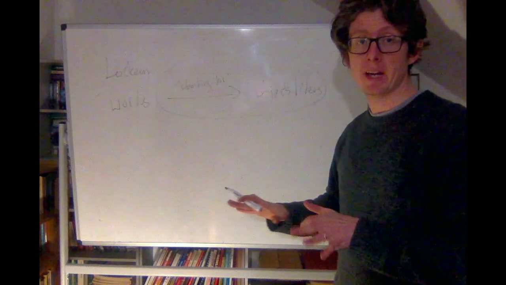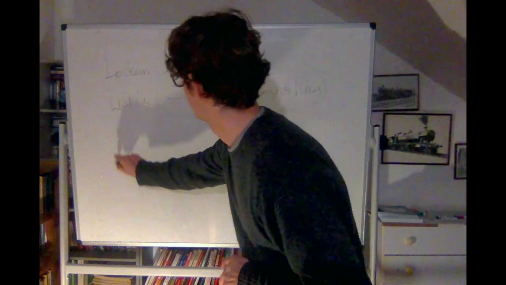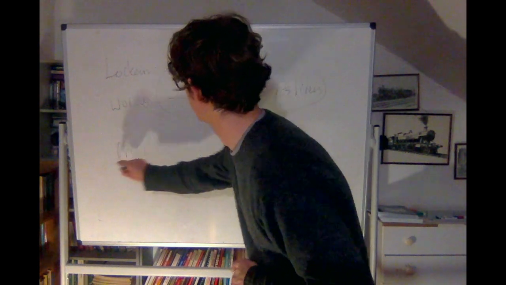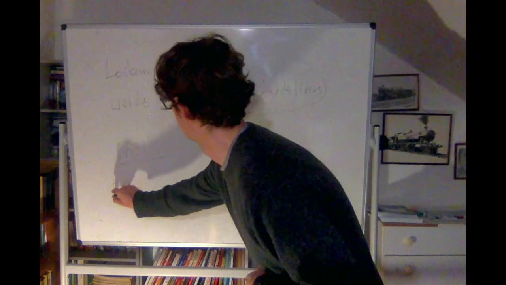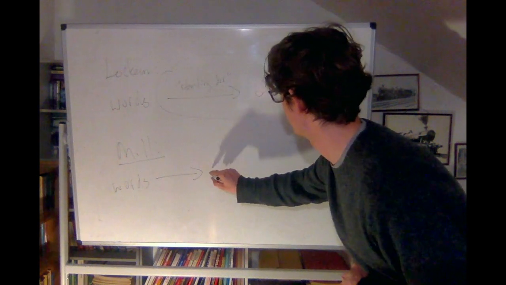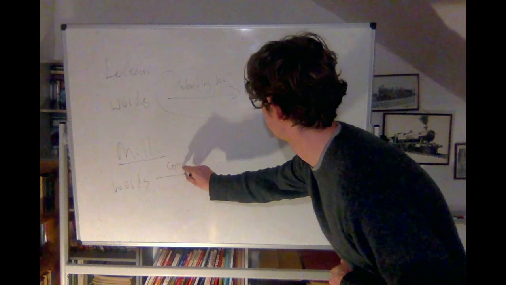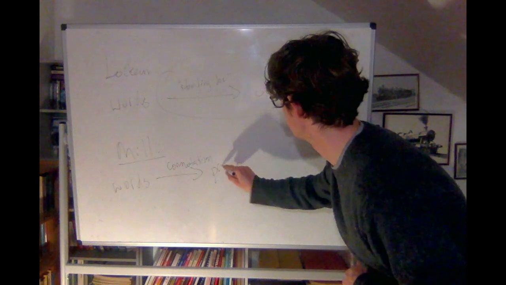And Mill, in a way, is rejecting that picture, at least for certain kinds of things. Mill is offering us a picture where sometimes there's more going on. So, for Mill, there are words. First of all, you have their connotation. These are properties.